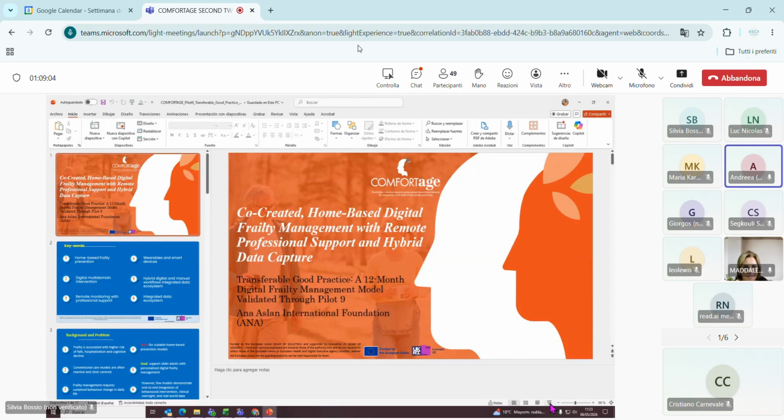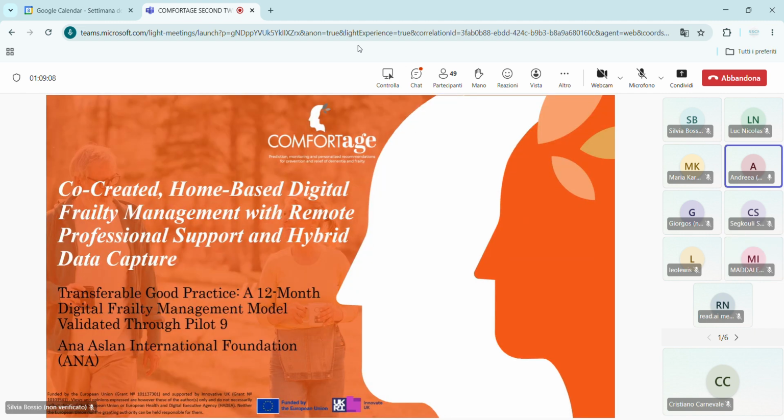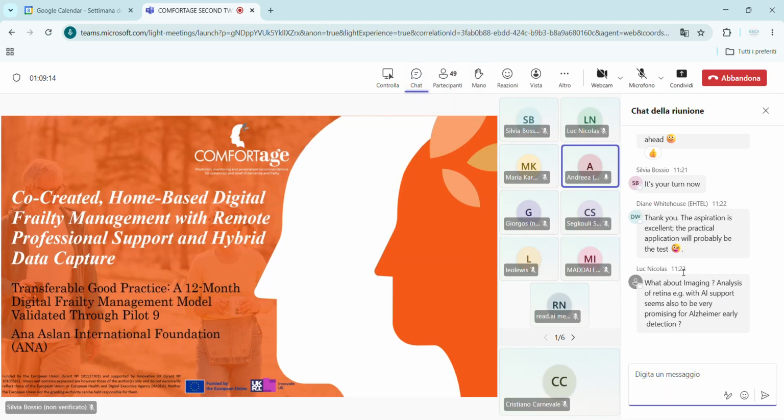Okay, so today I want to share with you our work on COMFORTage Pilot 9, which is a co-created home-based digital approach to frailty management. We combine remote professional support with hybrid data capture across clinical and everyday settings. Next slide, please.